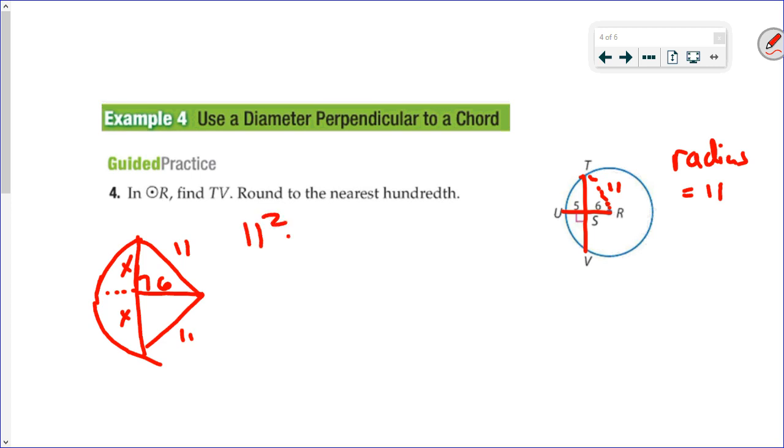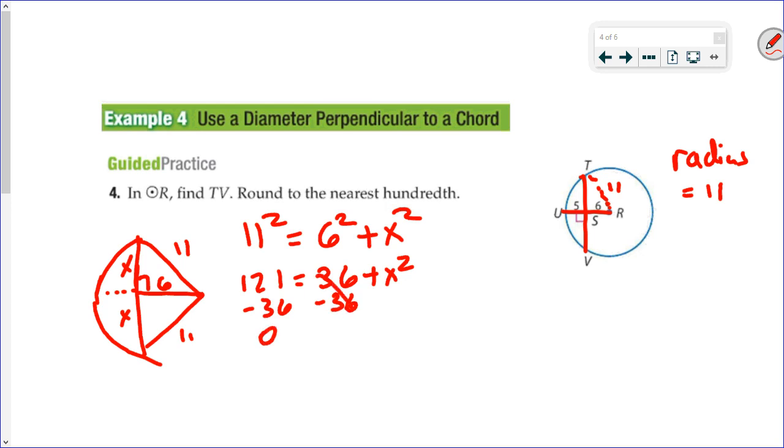So 11 squared, the hypotenuse squared, is equal to one leg squared plus the other leg squared. You get 121 equals 36 plus X squared. Subtract 36 from both sides, and we get that X squared is equal to 85. Square root both sides.